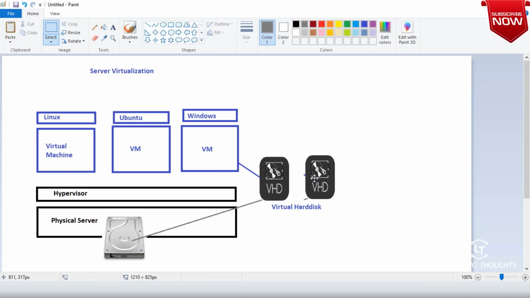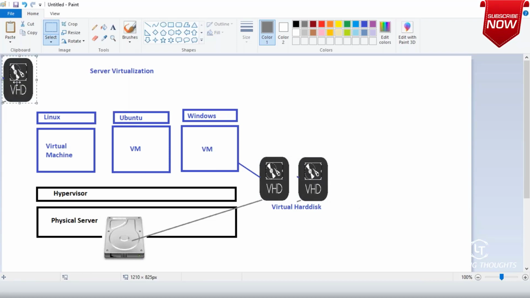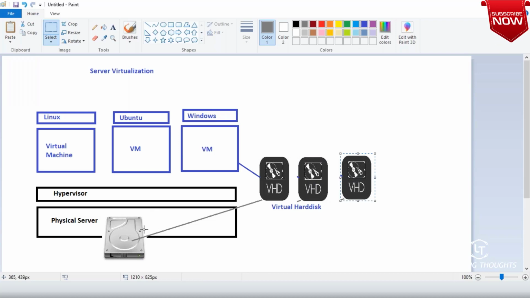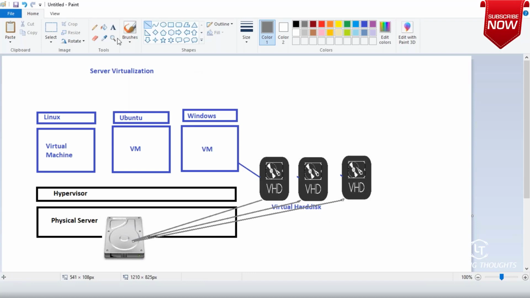So here what I'm trying to do is draw 3 virtual hard disks, which are basically created from the same physical server, and these are called as virtual hard disks. I think you can understand that. And these virtual hard disks will be mounted onto every VM. Am I clear on this?